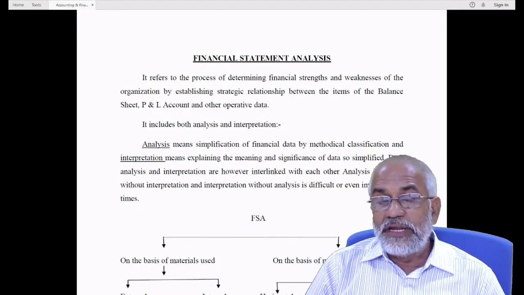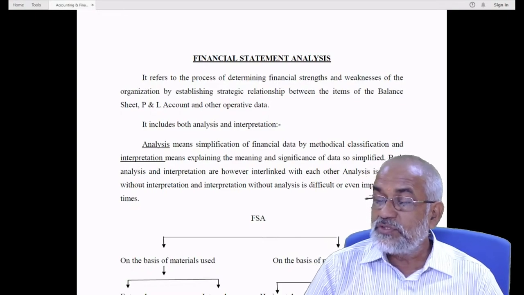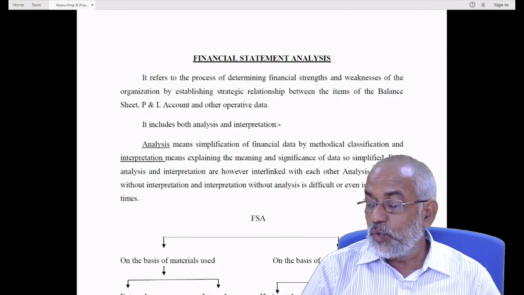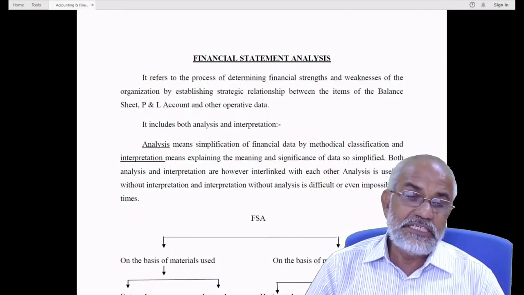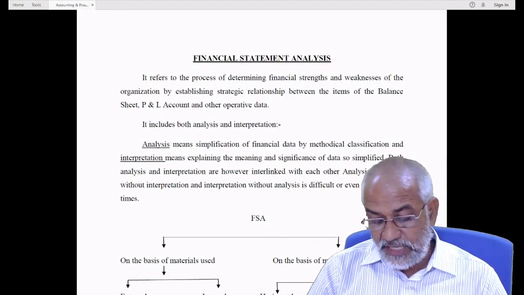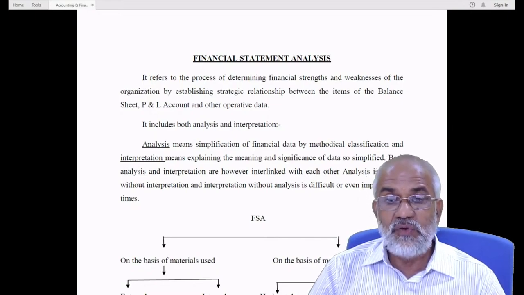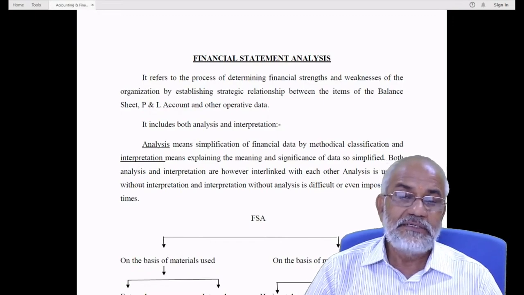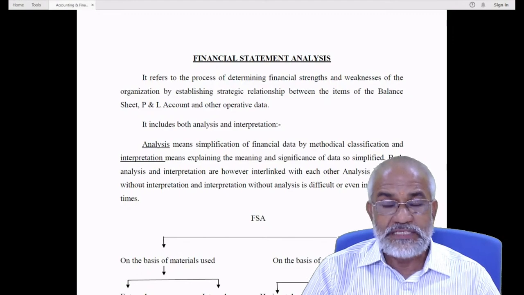Then the third component of the annual report would be the notes on accounts. Notes on accounts may include disclosure of accounting policies, for example regarding depreciation. Depreciation is the gradual diminution in the value of fixed assets due to wear and tear, passage of time or efflux of time, or obsolescence.